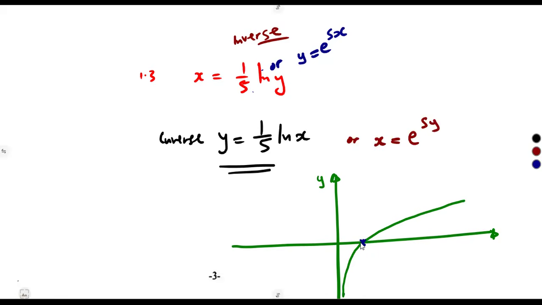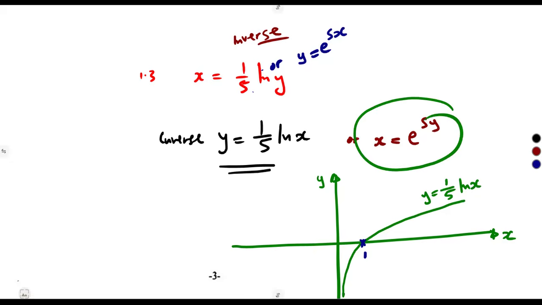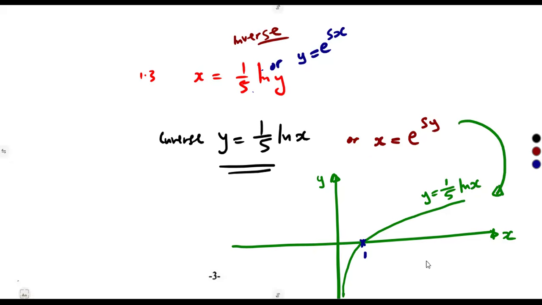At this point, that is where X is 1. The logarithm of 1 is equal to 0, as we do understand that on this x-axis, Y is equal to 0. So this is what you're going to have. This is the inverse. Y is equal to 1 over 5 ln of X, or you can write this one as X is equal to e to the exponent of 5y. It's one and the same thing.